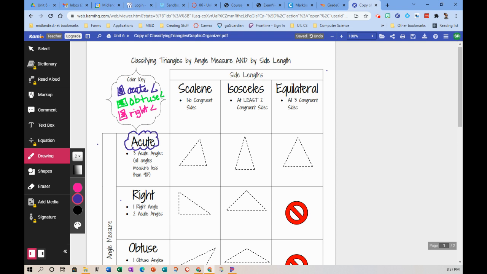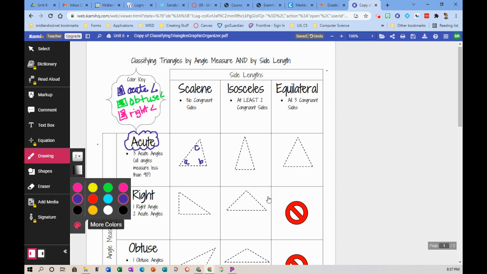Acute angles, 3 acute angles. So this would be angle A, angle B, and angle C. And each of these sides are different lengths.